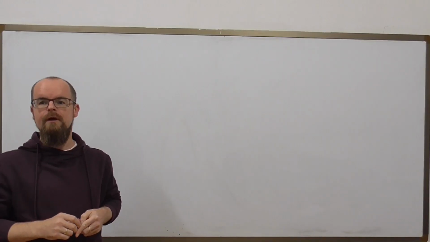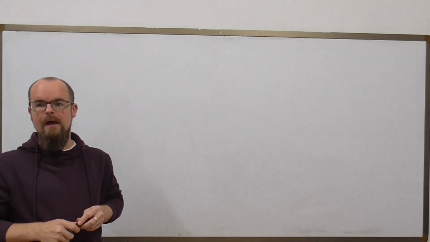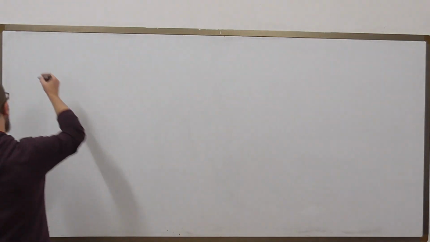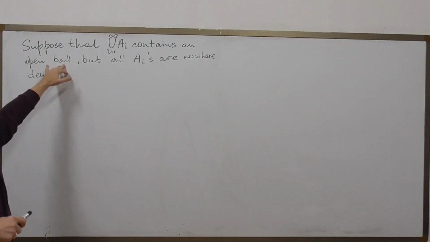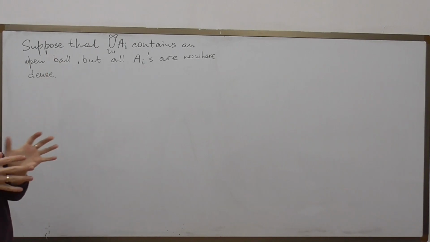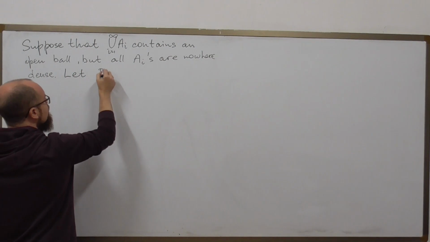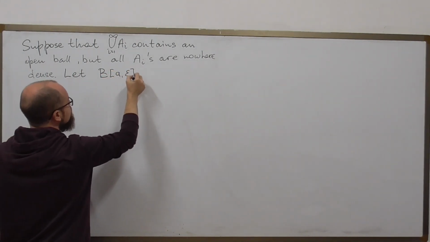Suppose to the contrary that the union of all A_i contains an open ball, but all of the A_i are nowhere dense. Hence, inside this open ball, we can find a closed ball of smaller size, say centered at the point a and of radius epsilon.